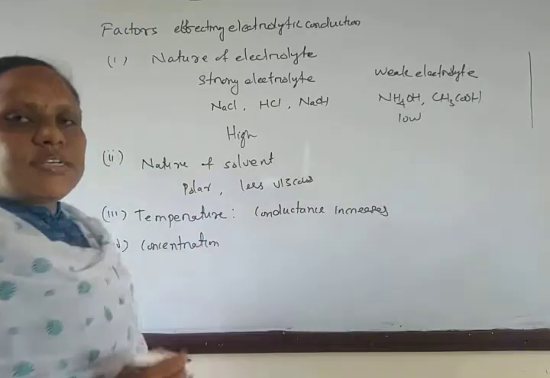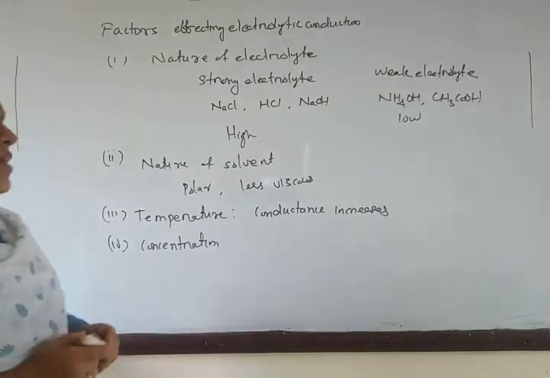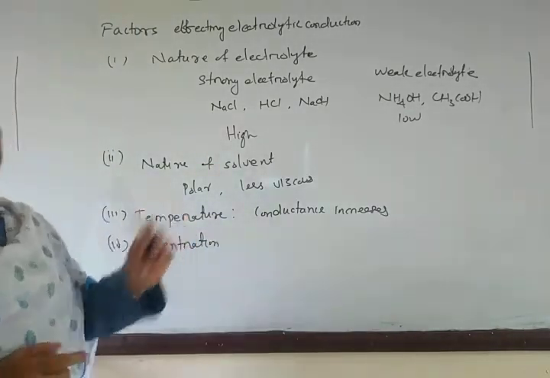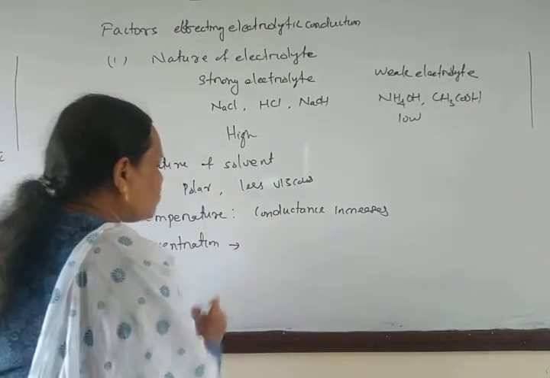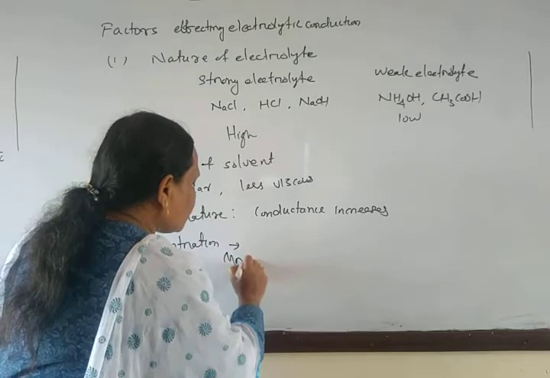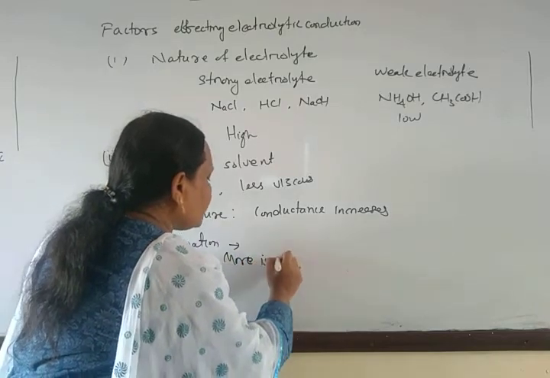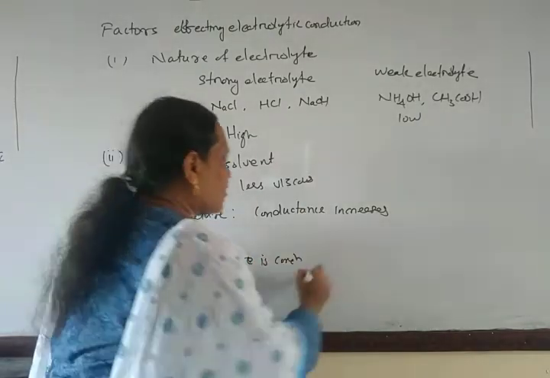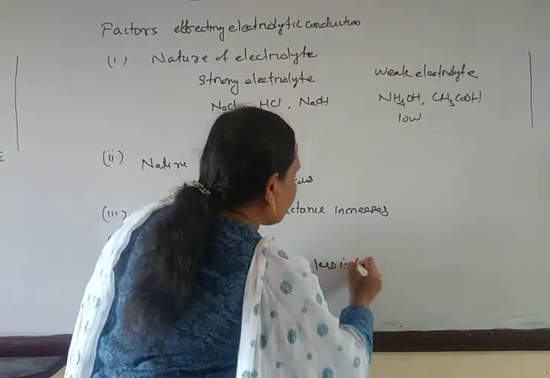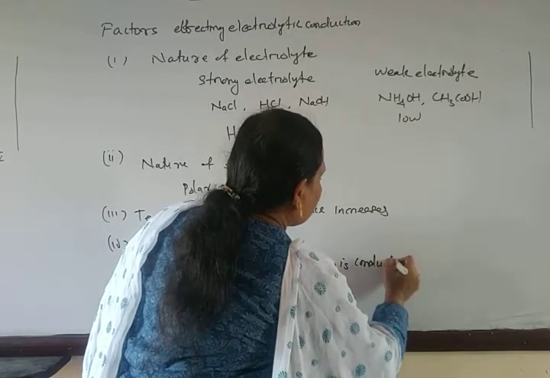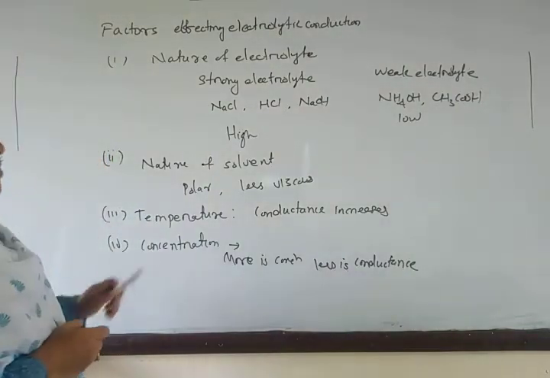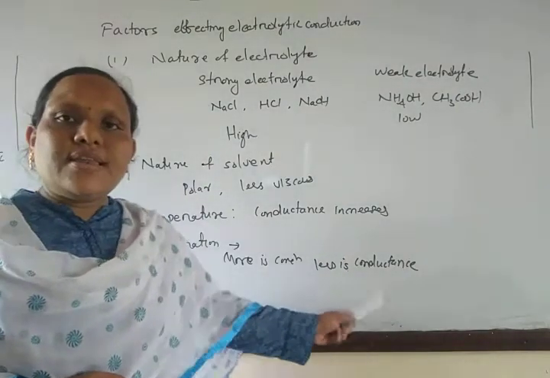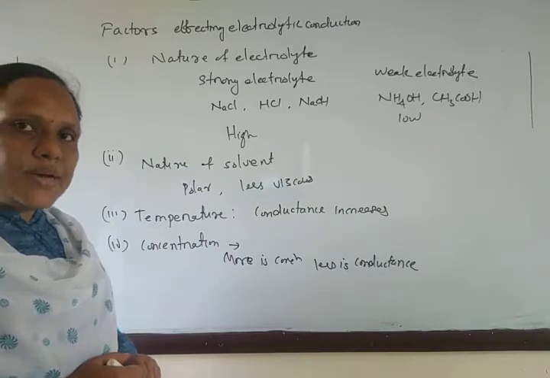Next, another factor is concentration. If the concentration is more, then the conductance is low. In general, more is the concentration, less is the conductance power.